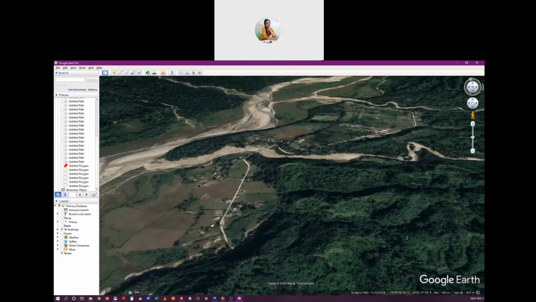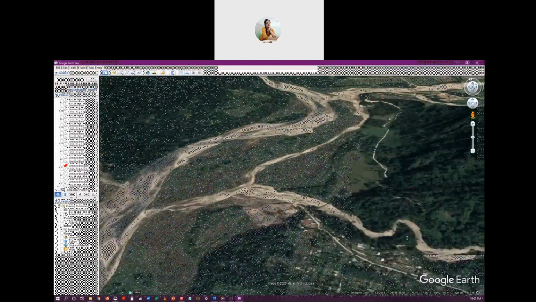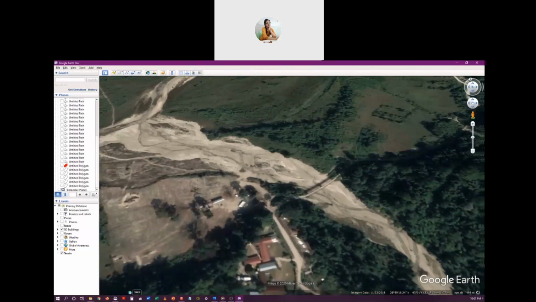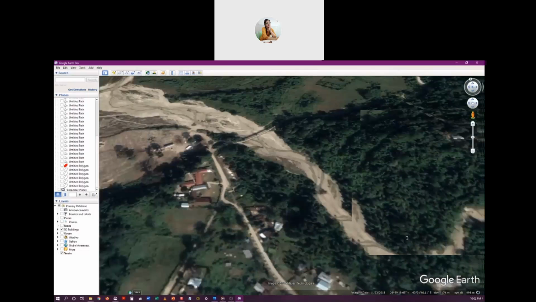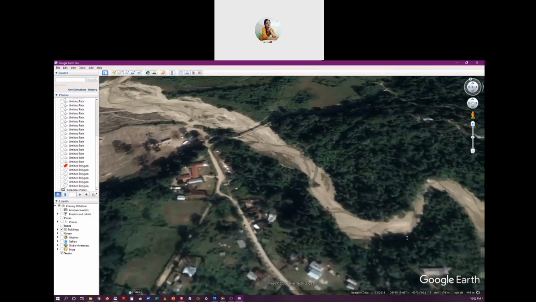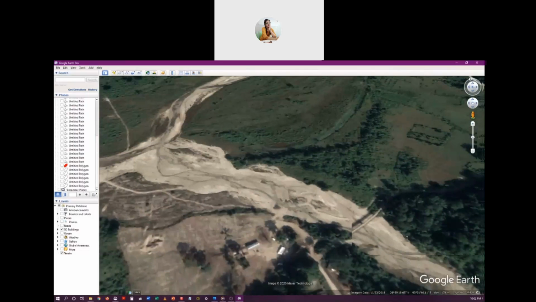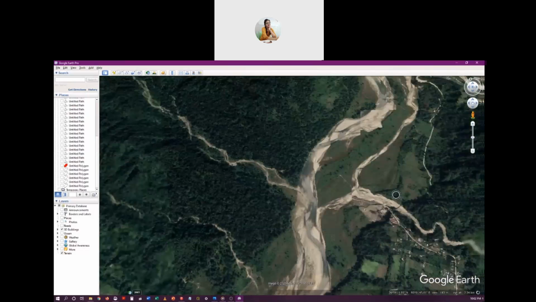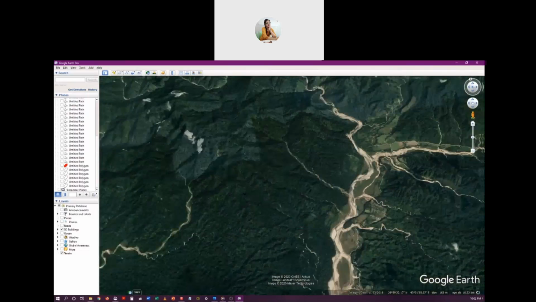Cross drainage work means transporting water across a natural stream. Your canal will have to come from this location to this location, but in between these natural streams have to be crossed, and that is done by lots of other structures. Therefore we generally do not prefer this kind of location.